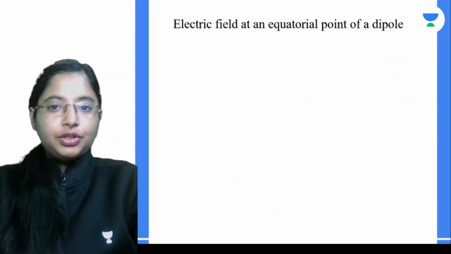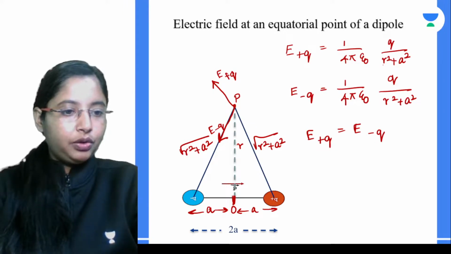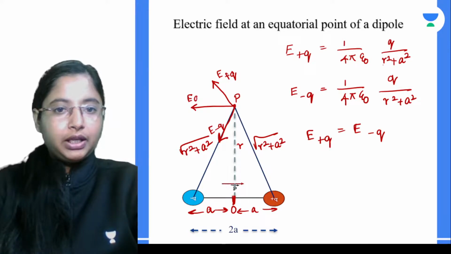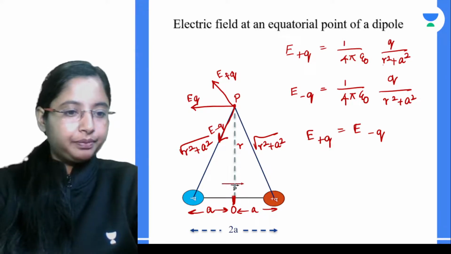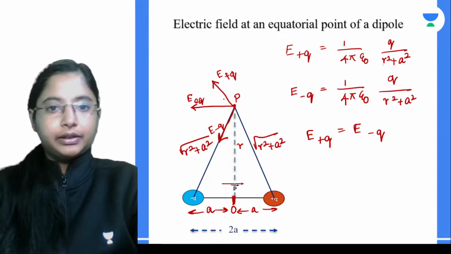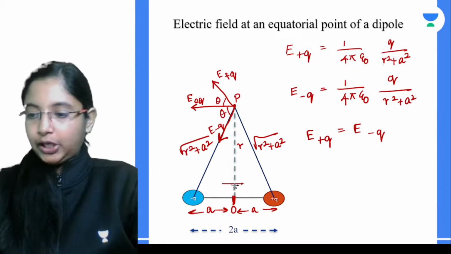So the resultant for the equatorial plane will be along this direction. It will be EQ, this is basically equatorial. This is the direction of the resultant. This is angle theta again, and this is again angle theta. This is along the equatorial.